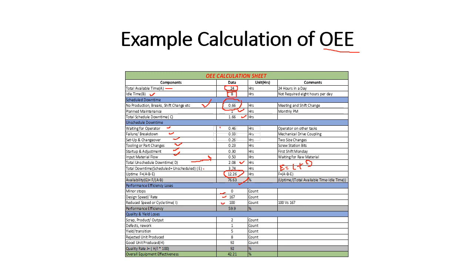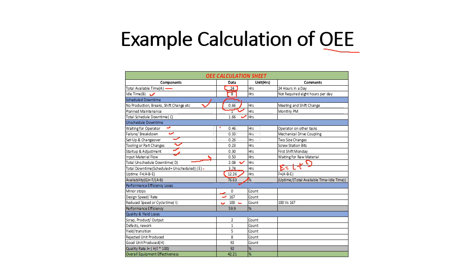That is, the printing machine is designed to print 167 papers per hour, but actually it is printing 100 papers. So the performance is down, and performance efficiency is calculated by actual speed divided by the design speed.